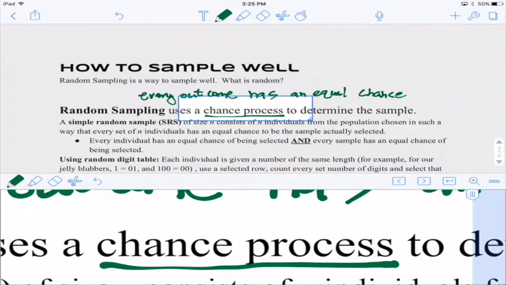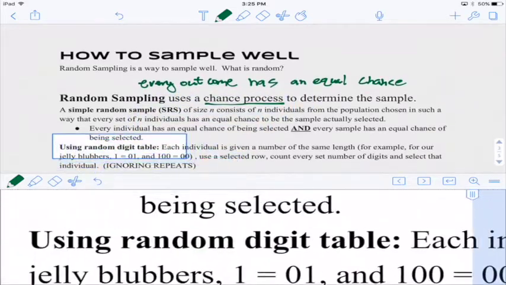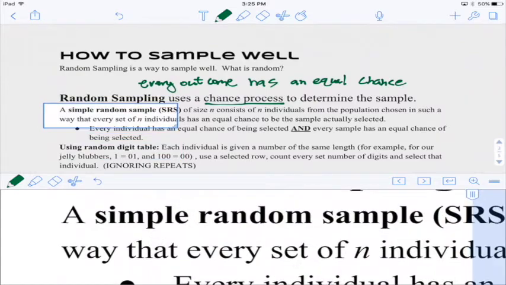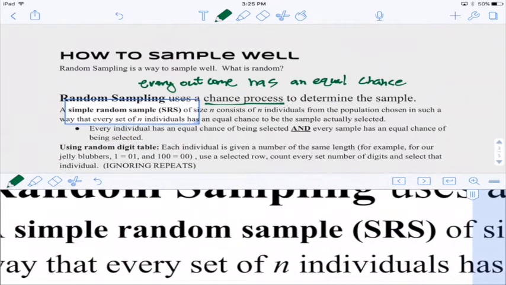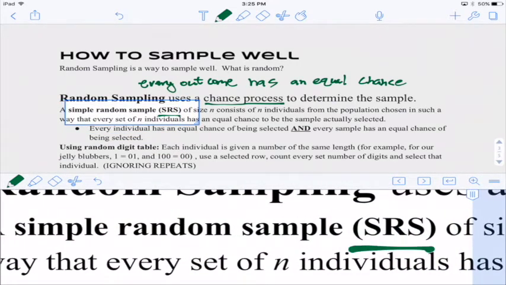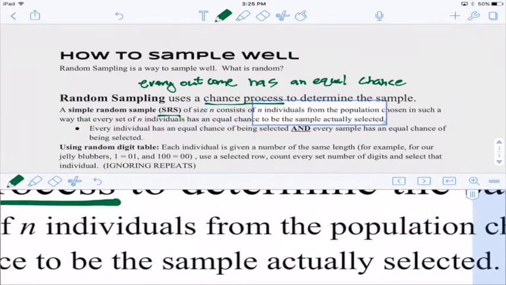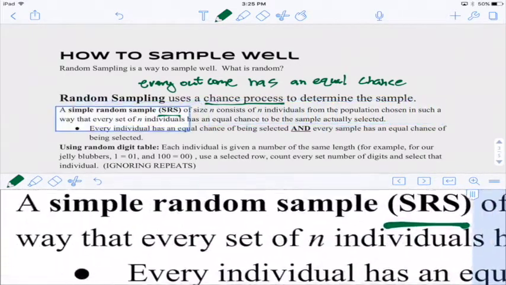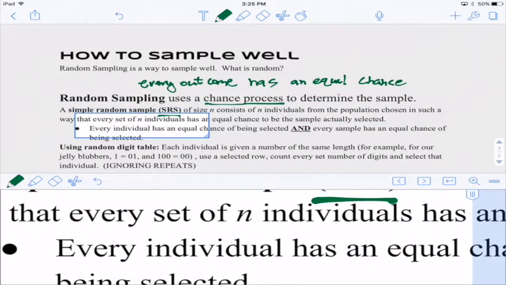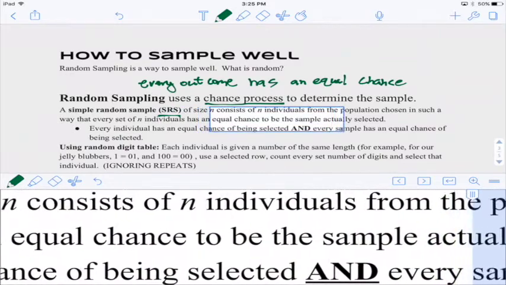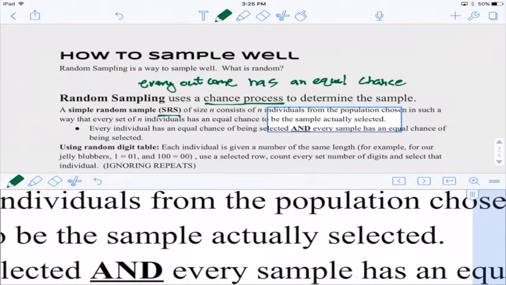So some chance processes are going to be down here, like this random digits table. I'll talk about that in a second. So a simple random sample, SRS, is going to be an abbreviation we use a lot, of size n consists of n individuals from the population chosen in such a way that every set of n individuals has an equal chance to be the sample actually selected.